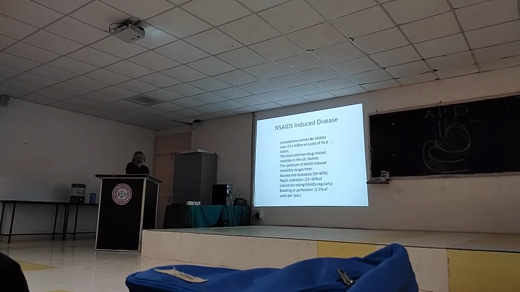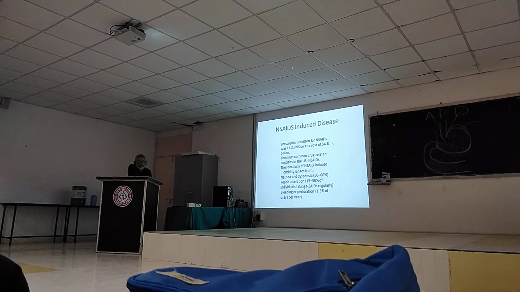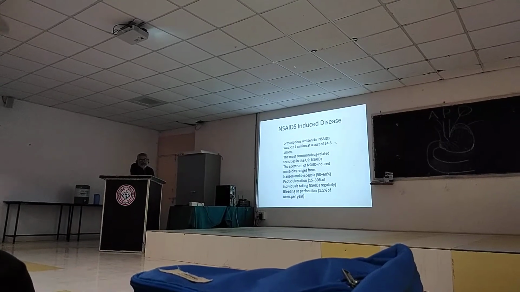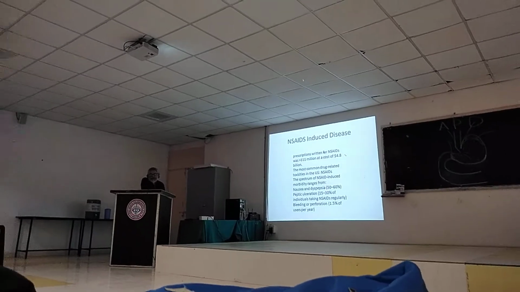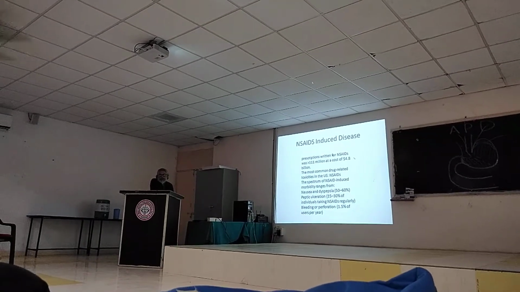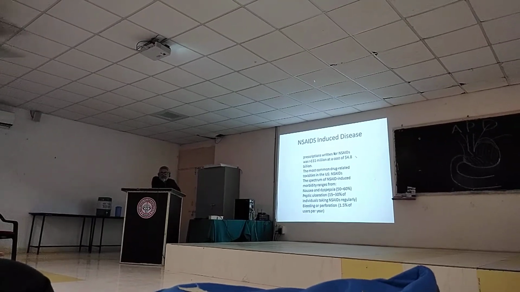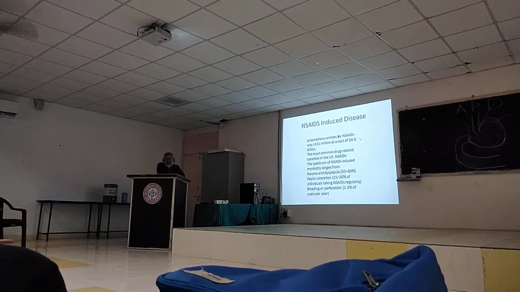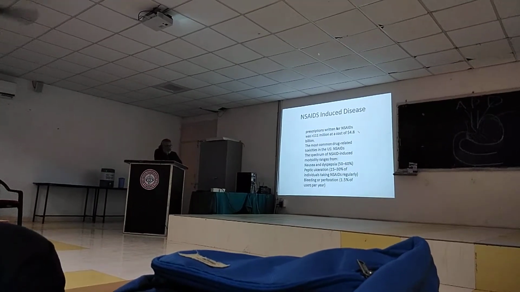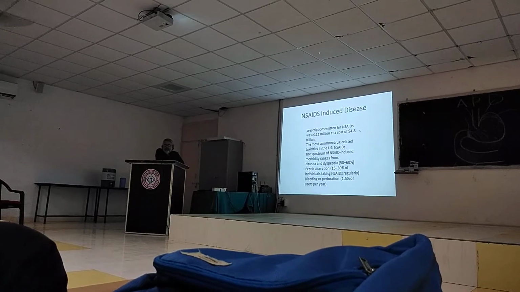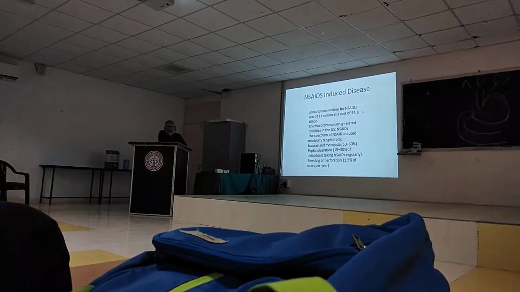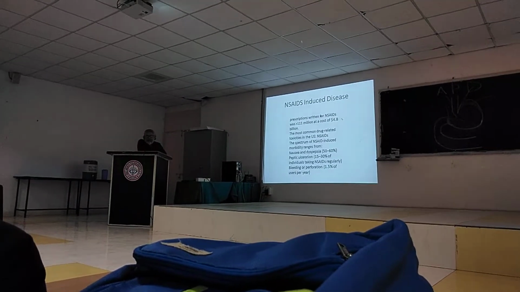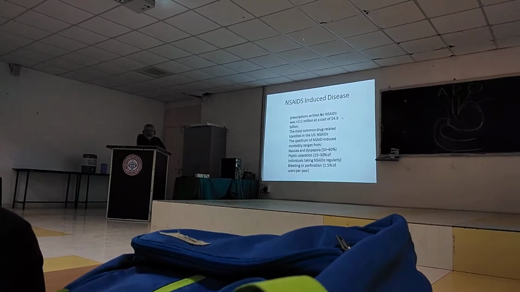NSAID, the second most common cause of peptic ulcer is the NSAID intake. It may be taken for any pain, it may be taken as aspirin for the prevention of cardiovascular or serious neurological disease, in which we take the drug for prolonged time. So if a drug is taken for prolonged time, the chances that it may cause ischemia of the gastric mucosa is more.